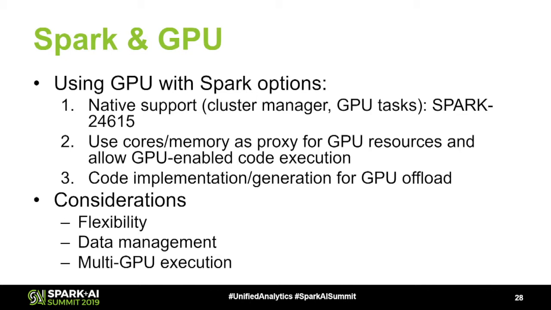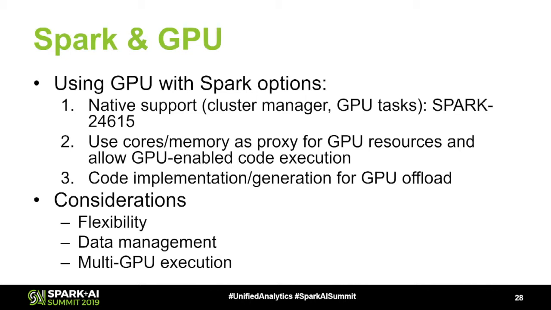The first one is about adding native support for GPUs in Spark. What this means is that the cluster manager can treat GPU as a first-class resource, and it can allocate GPU resources the way it allocates CPU or memory.